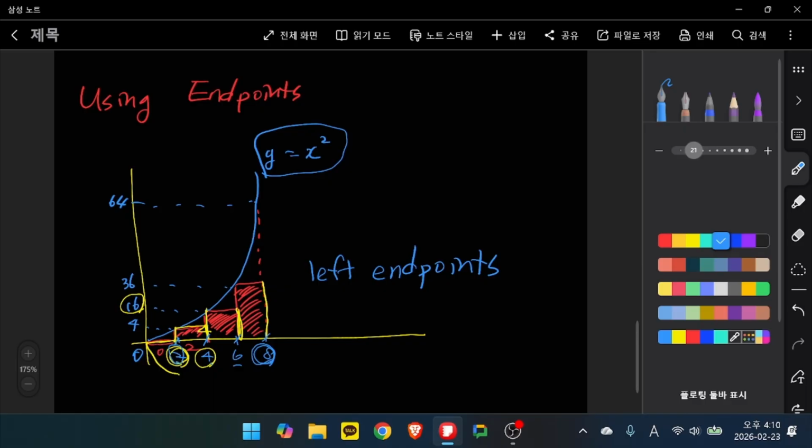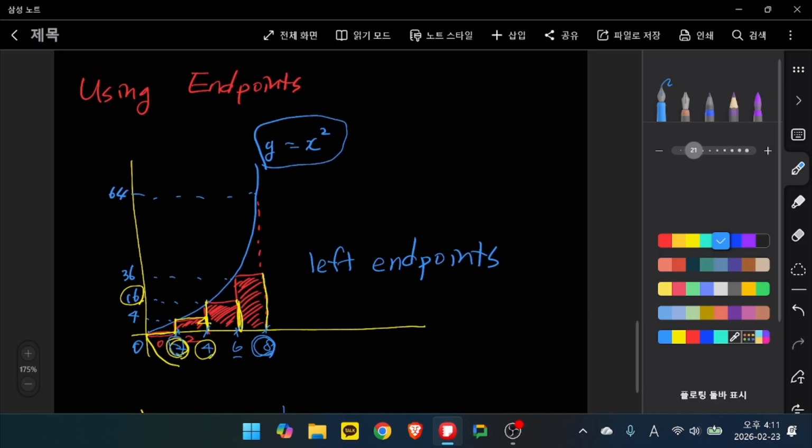First of all, I will look into left endpoint. This rectangle doesn't have height, so the area will be 0.